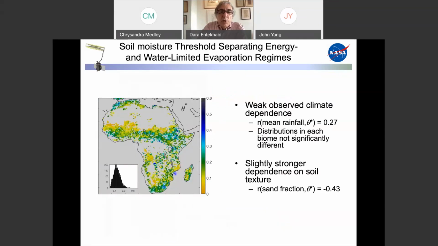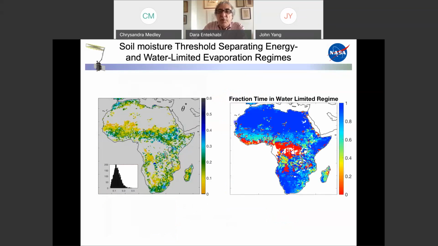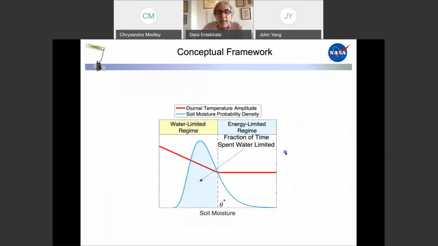This is the threshold soil moisture as estimated from those curves. I won't dwell on it. This is the fraction of time in the water limited evaporation regime that we can deduce from the soil moisture variables alone. And here's the conceptual model. Again, the diurnal temperature amplitude, like we saw before, there's a threshold, there's the energy limited regime, insensitive to soil moisture, and the water limited regime, which is very sensitive to soil moisture.